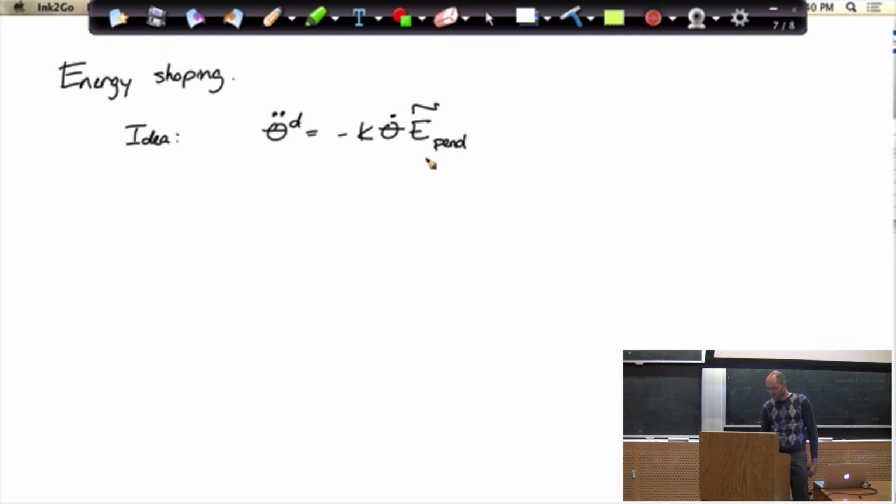Just take the energy of the pendulum only and do the same controller I did before, and use the non-collocated PFL.